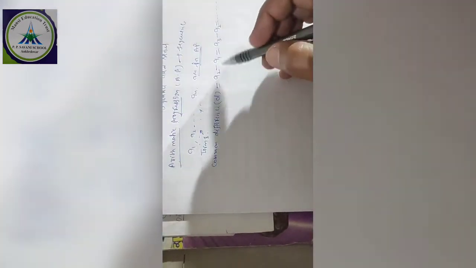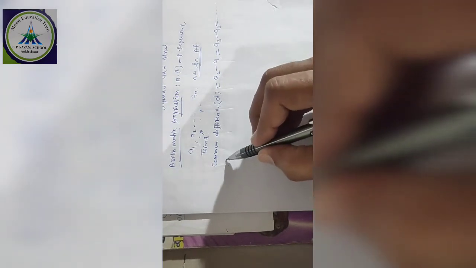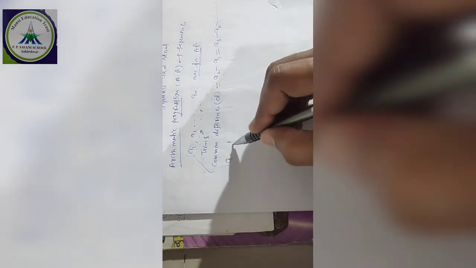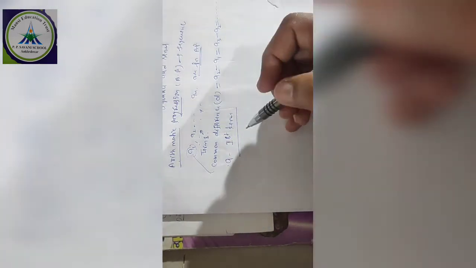A sequence that has a common difference is called an AP, otherwise it is not an AP, it is a series. Next, A is the first term. We already studied this in the 10th class. So no waste of time.